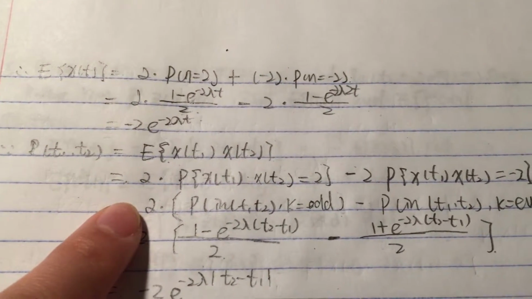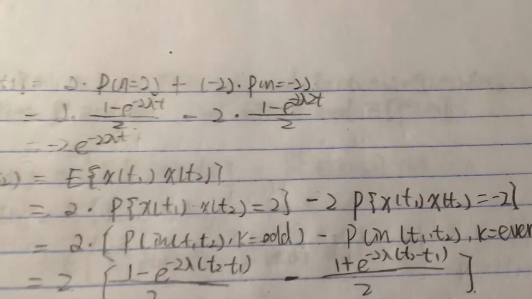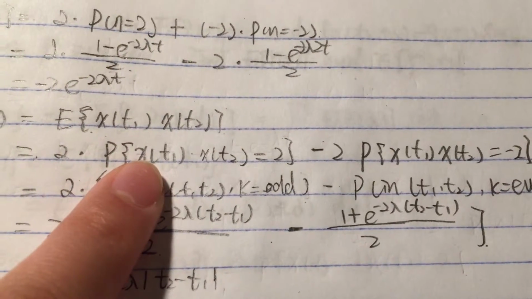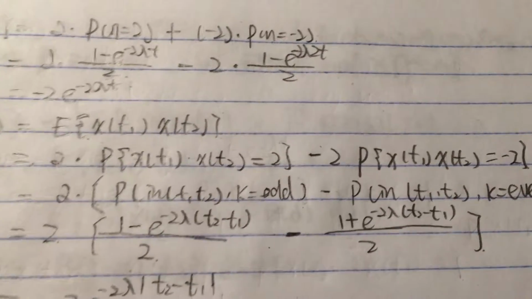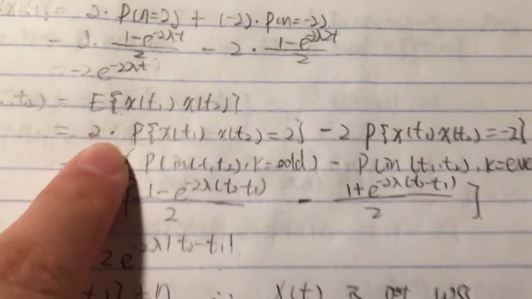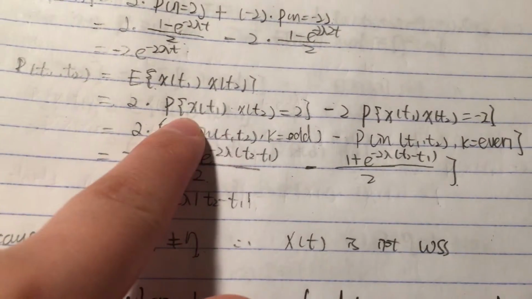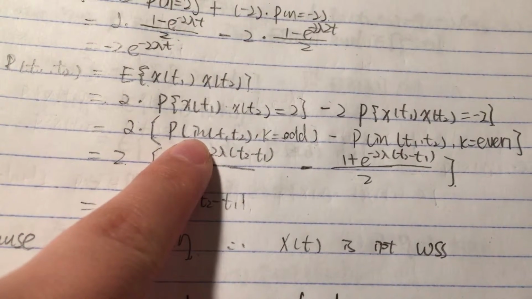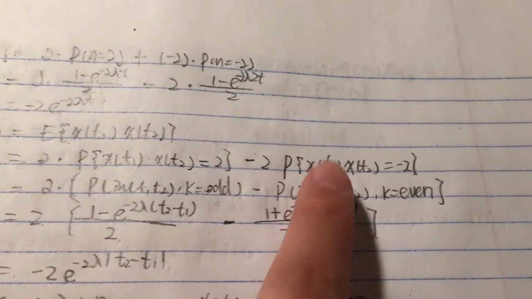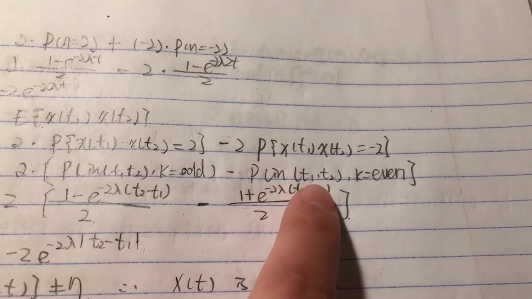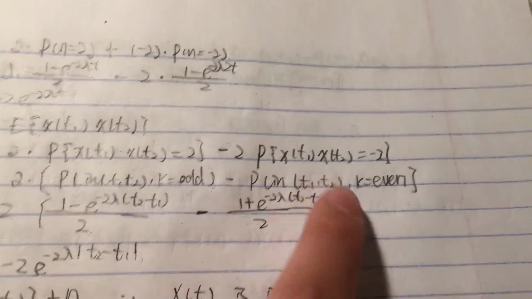It equals the mean value of X(T1) times X(T2). When X(T1) equals X(T2) equals 2, we can show it with this function, which means the probability that in T1 to T2, k is odd, and this function can be seen as the probability that in the time from T1 to T2, k is even.